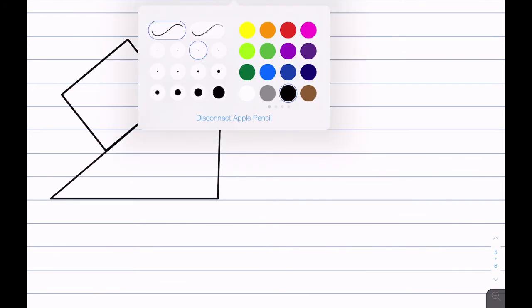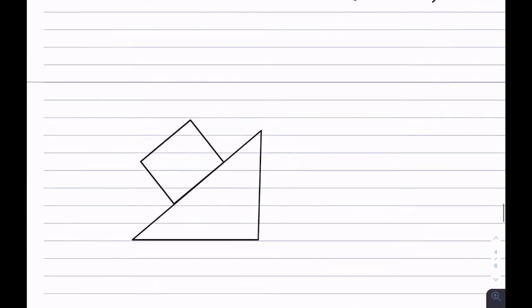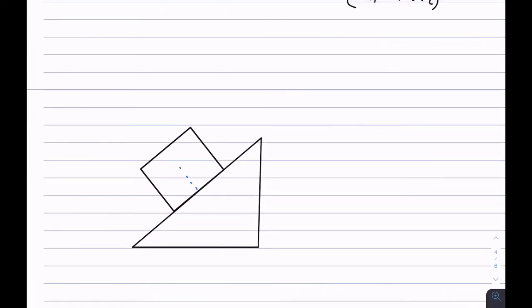Okay, so we know that the ramp itself is actually pushing up with a normal force onto the box. That's our normal force. We also know that gravity is pulling this thing downwards in this direction.